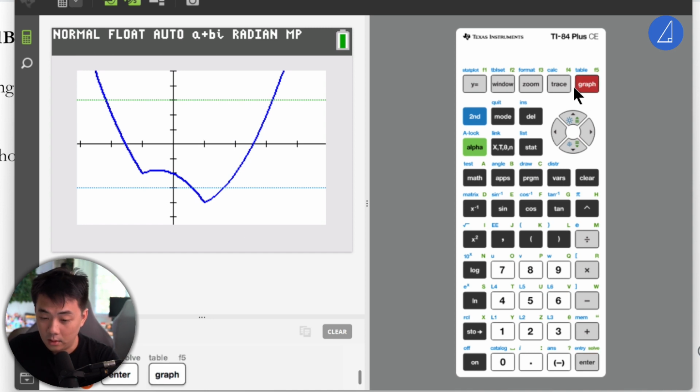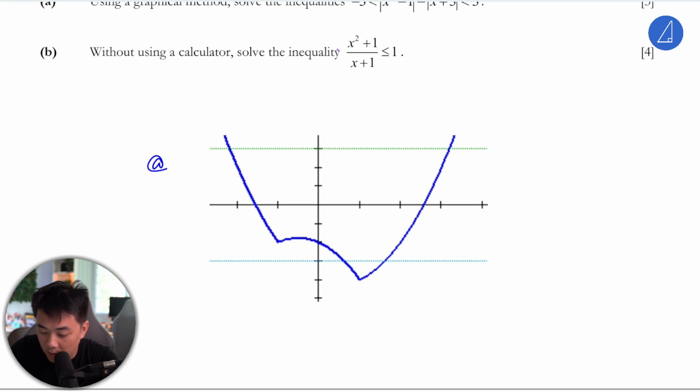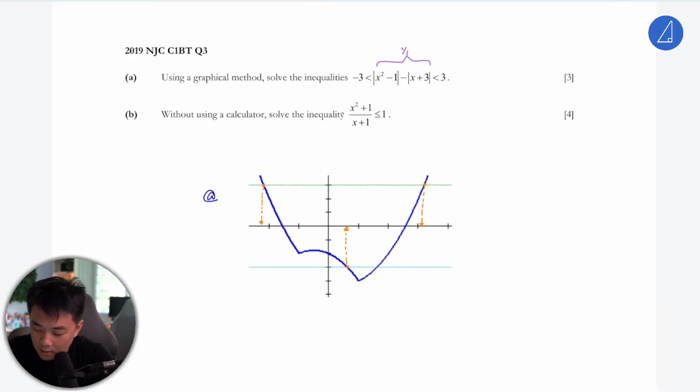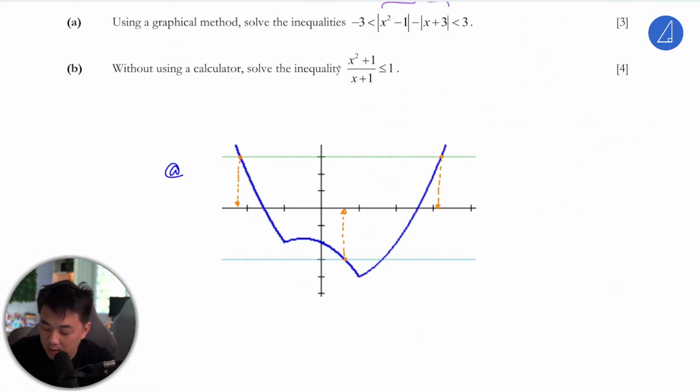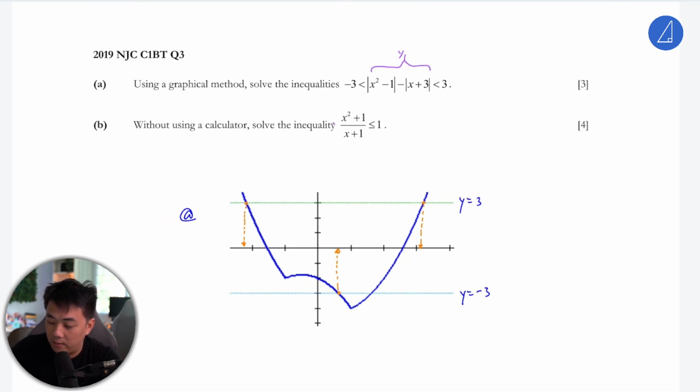Okay, so from this graph here, because we weren't asked for the exact, we could just find the intersection here, and here. We want all the x values for which the curve y1 is between -3 and 3.